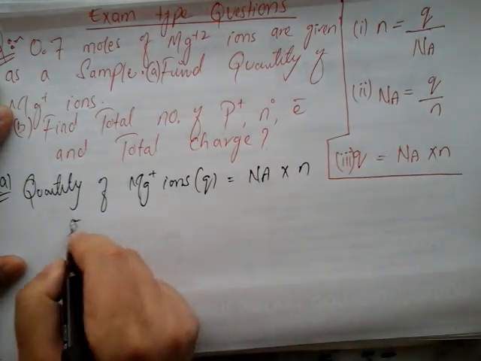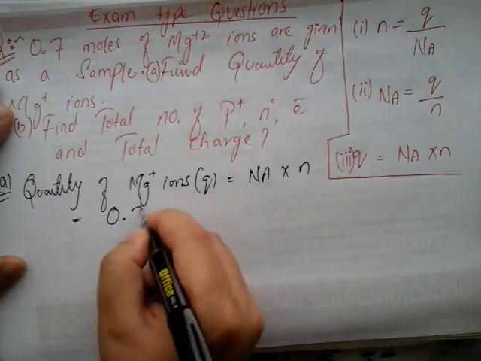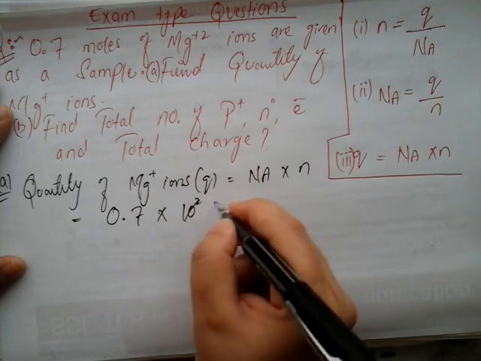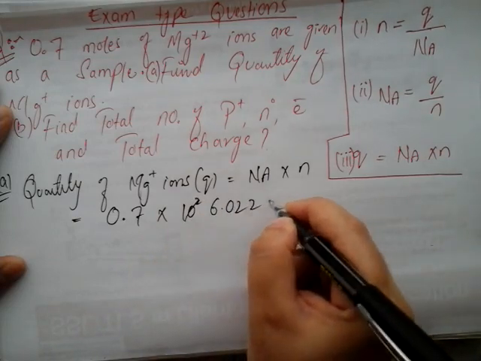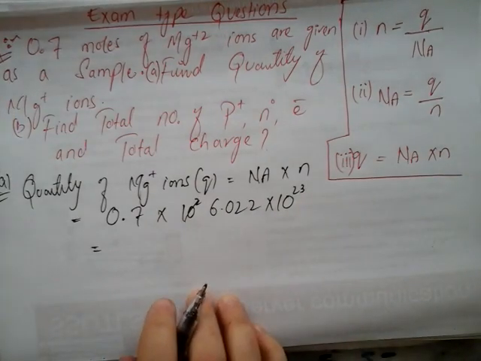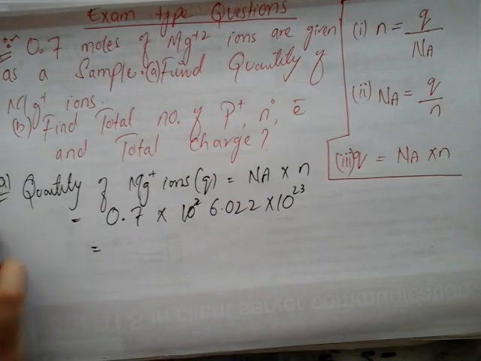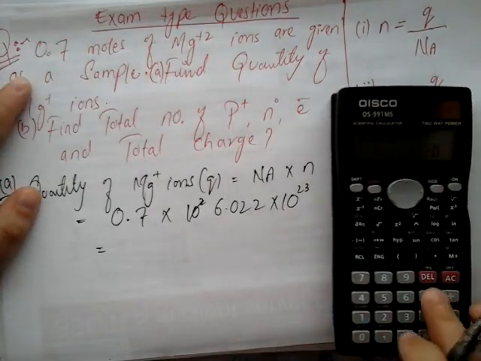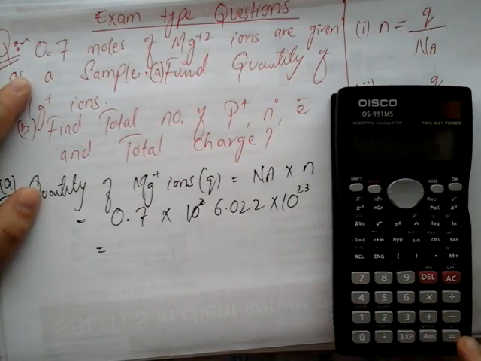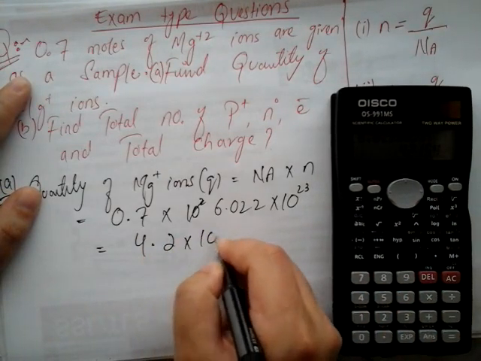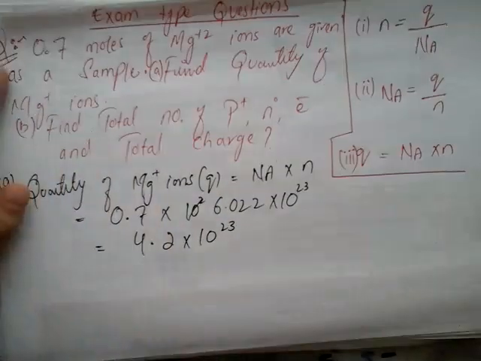The number of moles is 0.7, multiplied by 6.02 into 10 raised to power 23. After multiplying these values, we will get 6.022 into 0.7, so almost 4.2 into 10 raised to power 23.